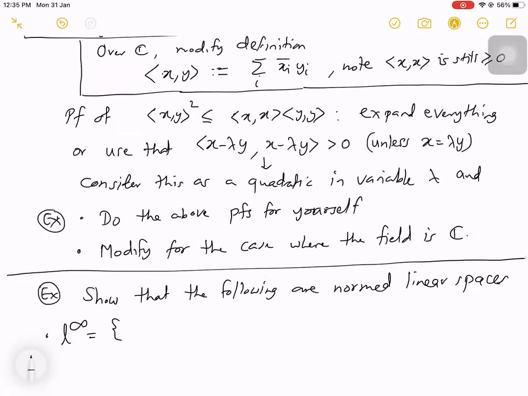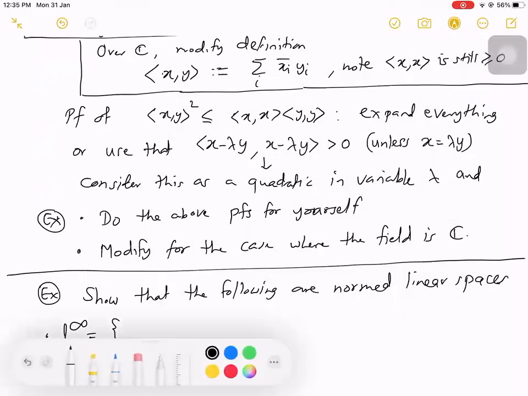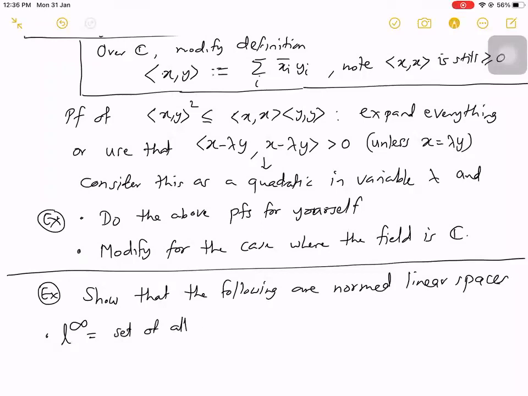This is the set of all bounded infinite sequences, where all the xi's are, let's say, real numbers.